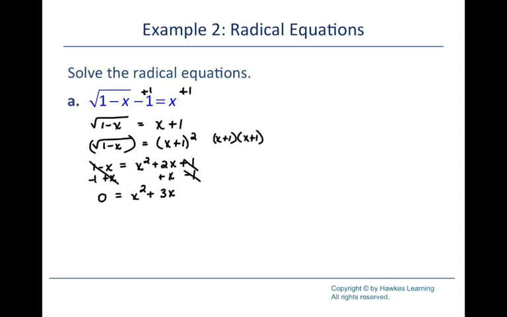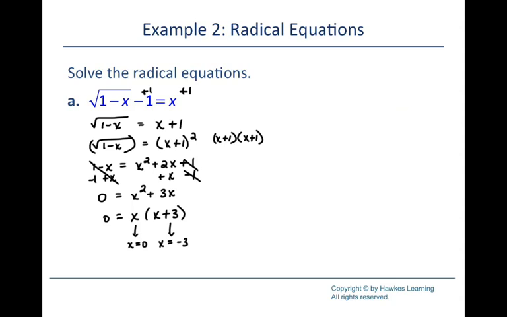First step in factoring, if you can, is the greatest common factor. So we'll factor out an x, and we're left with x plus 3. Now there's two solutions. There's two values of x that would make this right side equal 0. And that is the first one, x equals 0. And for the factor, it would be x equals negative 3.